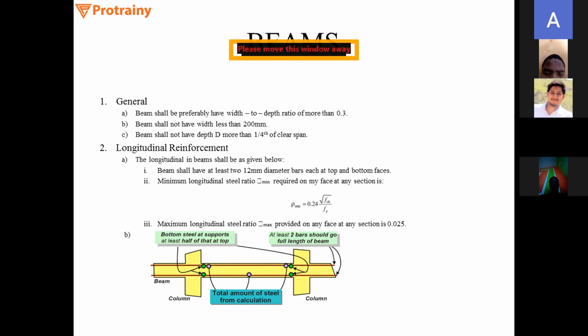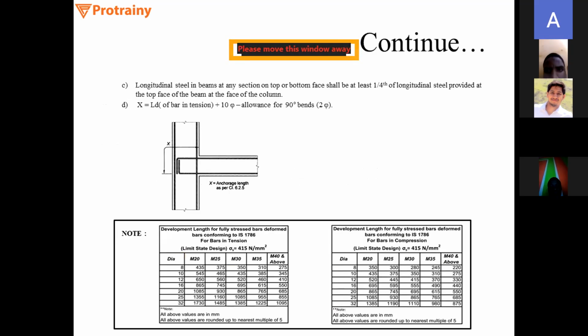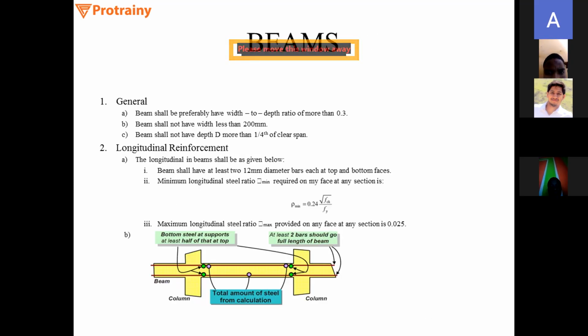It shows bottom steel at the support should be at least half of the top, and on the right hand side at least 2 bars should go the full length of the beam. Coming to this picture, we know that the moment in a beam most probably lies in the tension zone, which can be at the upper end of the beam or the lower face of the beam.